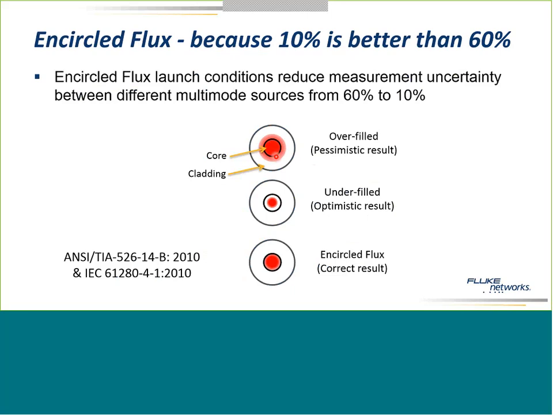So if we don't have encircled flux compliant cords, our reference is going to be too hot. If our reference is too hot, that's going to mean that we're going to have too much loss in our measurement. If it's underfilled, for example, if we're using a VCSEL, we're going to give ourselves an optimistic result. So the idea of encircled flux is that we have an ideal filling of the core, not overfilled, not underfilled.